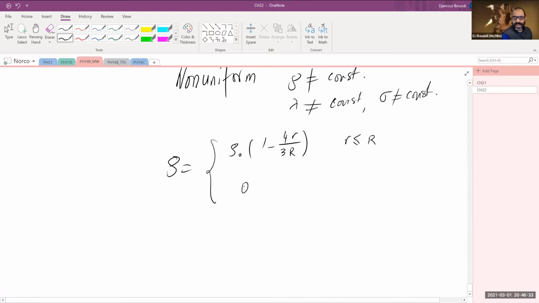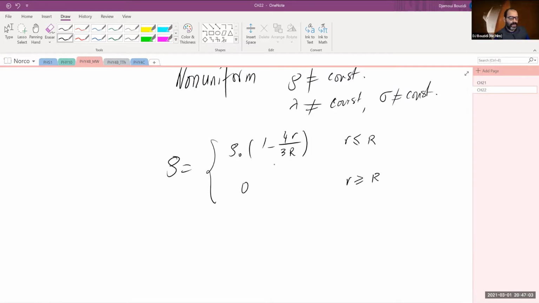And it's equal to 0 when r is greater than or equal to R. So if I plug in r equals R, it's not a continuous function, because somehow it drops to 0 when we reach the edge. If I plug in r equals big R, this becomes just 1 minus 4/3, which is some negative value, but then somehow it drops to 0.